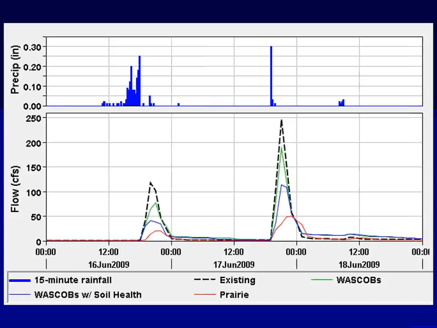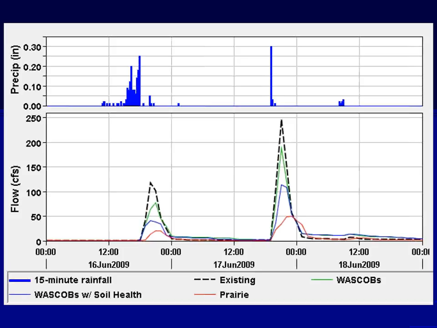So what are the results? This is just looking at flow, and first focusing on the black line, which would be the calibrated value or existing condition. And again, two events. This is June of 2009.